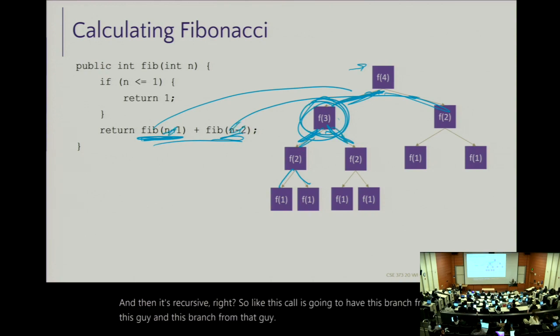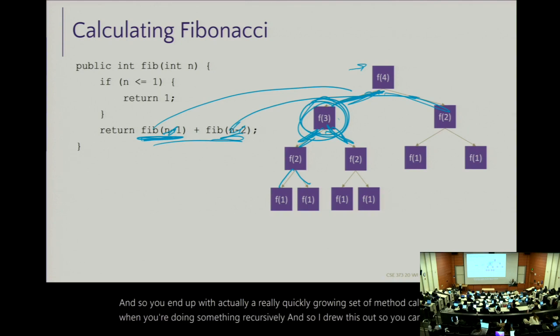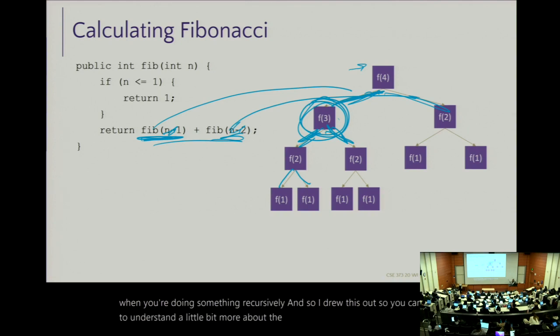And so you end up with a really quickly growing set of method calls when you're doing something recursively. I drew this out so you can start to understand a little bit more about the runtime of recursion. It might help to picture how many method calls are actually getting created.